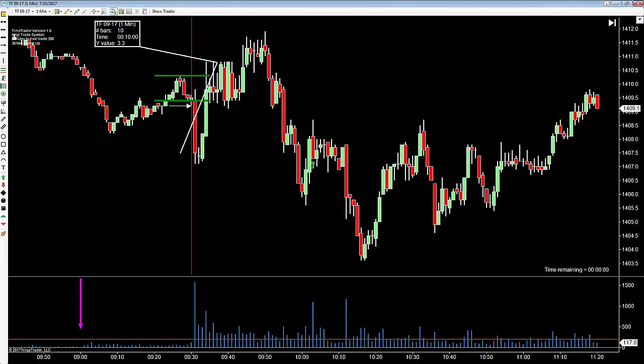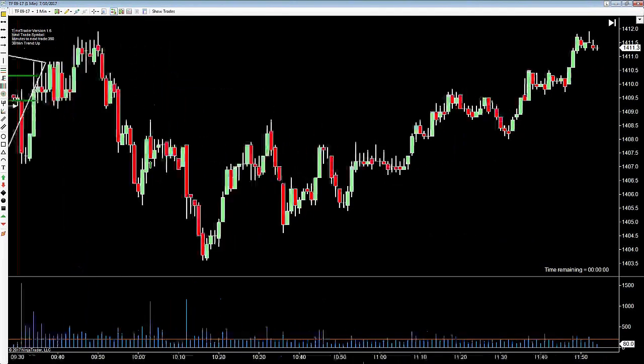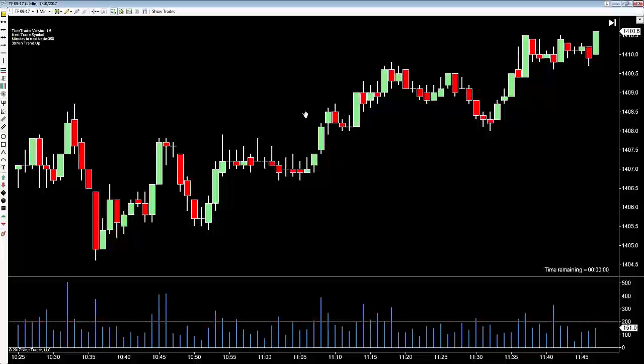Usually the candle will be double. Let's just say we're looking at this, and we get a volume spike here, which looks pretty decent.